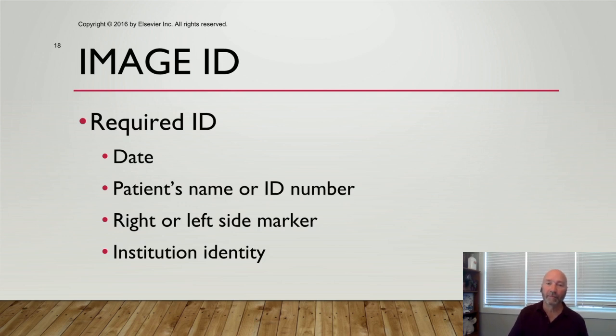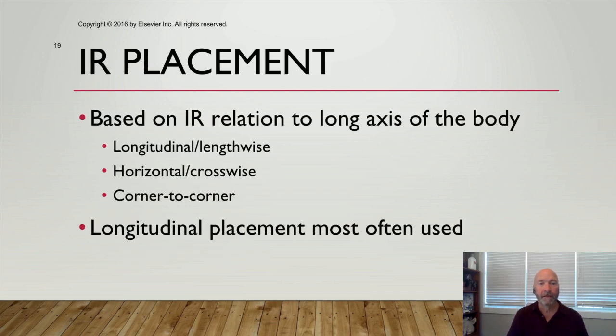But if we have John Smith and we also have their date of birth, it makes things a little bit more specific. If we have John Smith, date of birth, and a specific ID number for each one, then it makes it harder and harder to make mistakes. So you may see more than that on the images that you create.